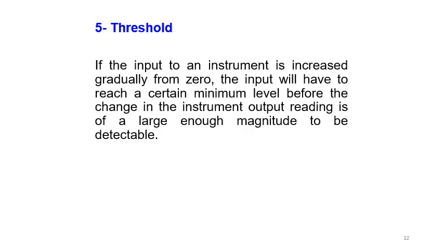Another element we need to think of while getting an instrument for measurement is the threshold. Threshold is the value where the device starts to respond. To understand it better, let us say we want to measure the temperature of a certain liquid.